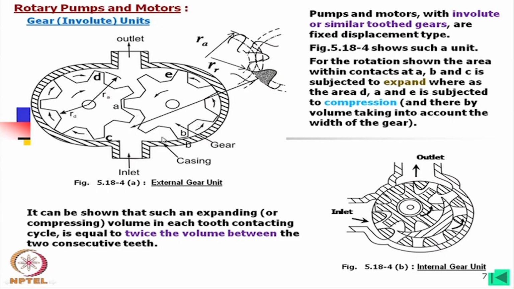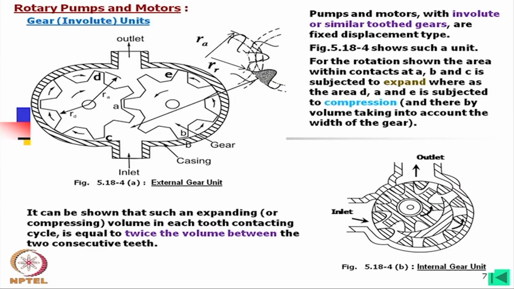So, whatever oil is expanding is entrapped in these two volumes and goes to the other side. Similarly, this area also, from the maximum to minimum, is again a volume equal to that between two teeth.